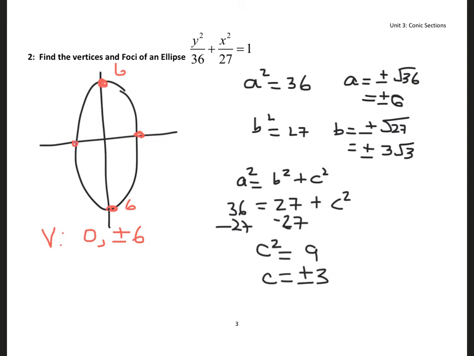The co-vertices are going to be, I need to know the value of b, which was 3 square root of 3. So 3 square root of 3, plus or minus 0. And the focus is on the y-axis. So it's going to be 0, plus or minus 3.